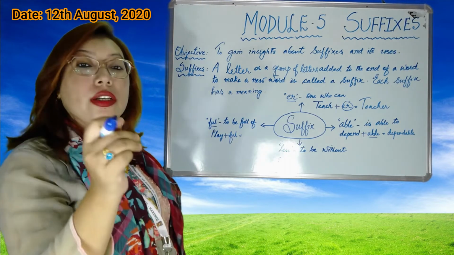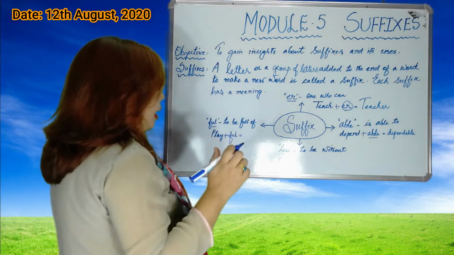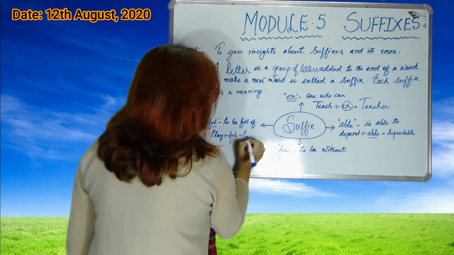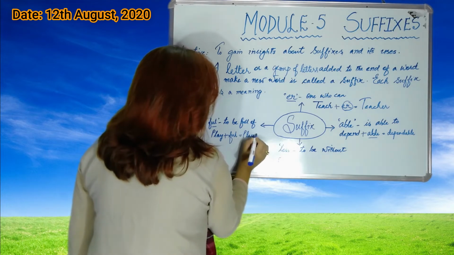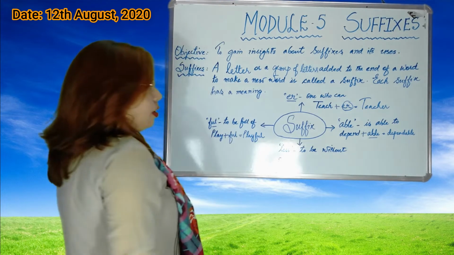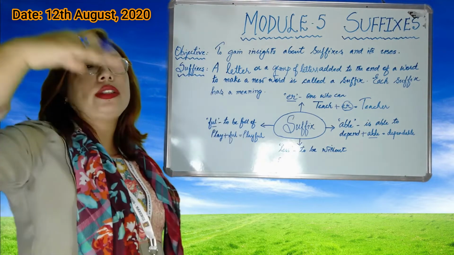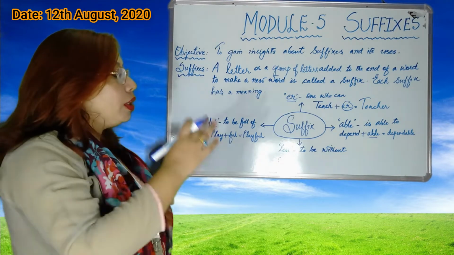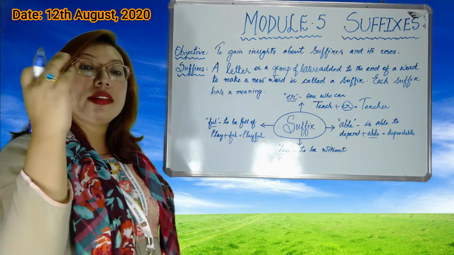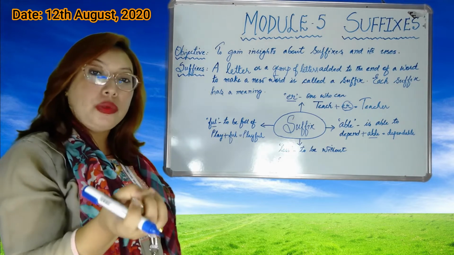What is the word, students? Yes, you are correct. It is playful. So see, by simply adding a suffix towards the end of a word, the word changes and the sense in which the word is used changes, right?